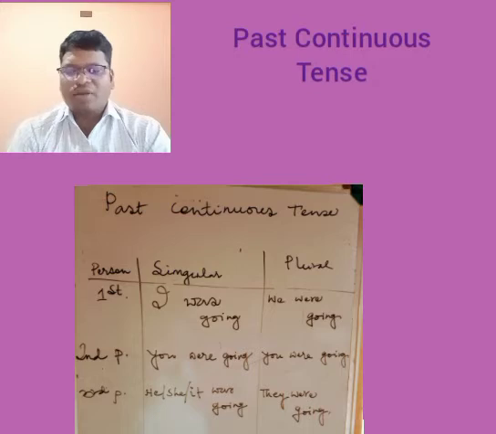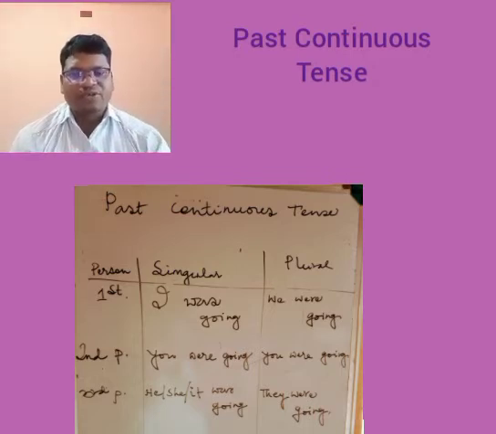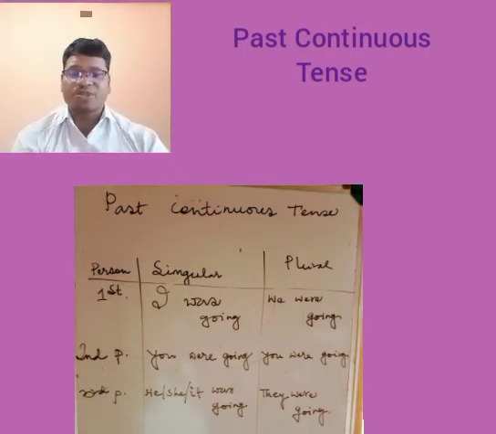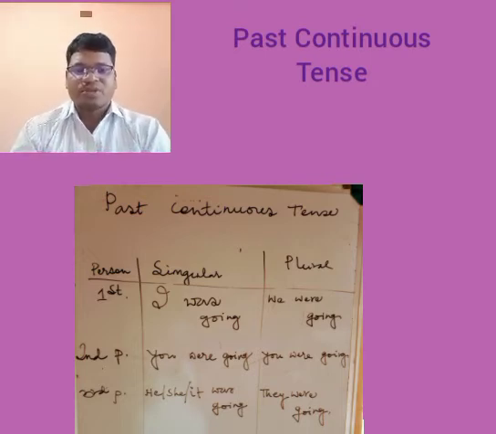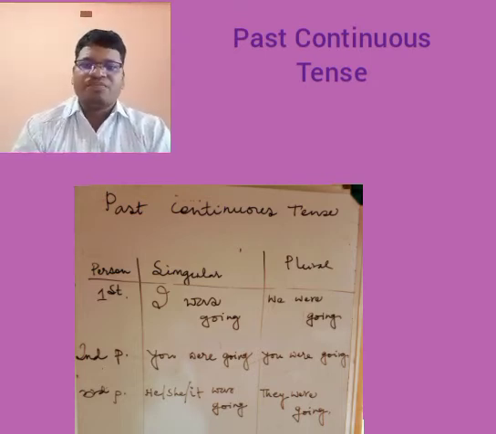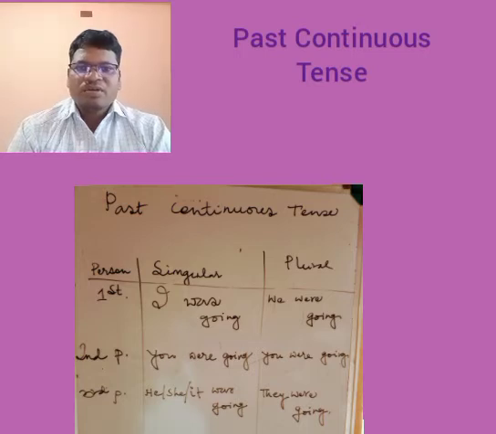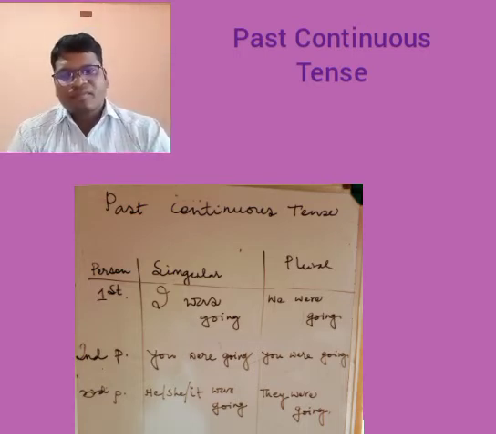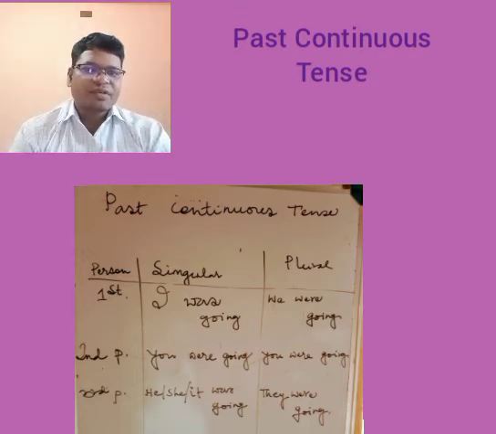Now let us talk about the past continuous tense. I will tell you the chart first, and after that we'll be moving on to some other points which are very, very important. So let's see the chart now. The first person singular, I was going.